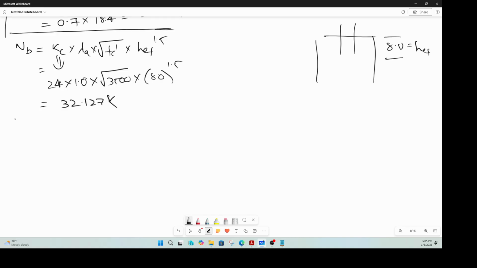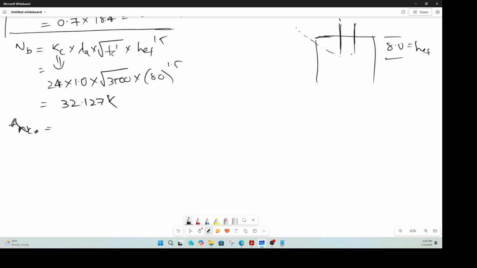Now, like I said, when you pull this like that, when you pull something with hef, ideally the width of the failure surface will be 3 hef, right? Or 1.5 hef on one side.